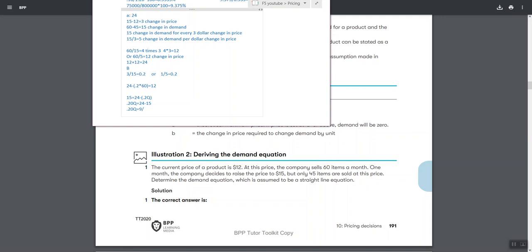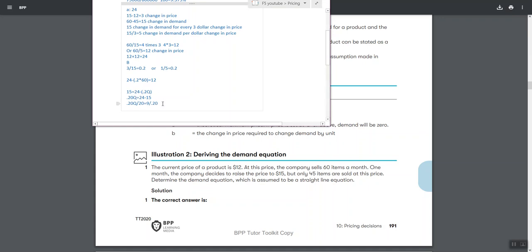And then dividing both sides by 0.20, Q becomes 45. So for a given price, you can find the quantity.